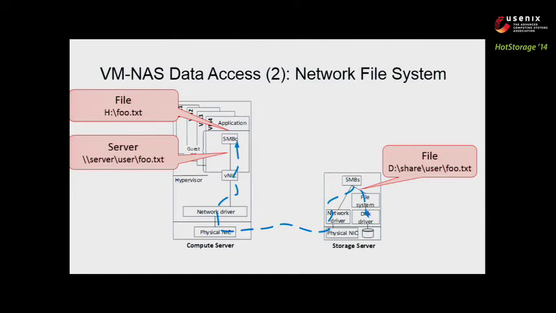And then the storage server performs the usual mapping to a local file, which goes through the file system and the disk driver on the block device. So with this mechanism, we avoid nested file to block translations. However, the hypervisor is no longer on the data path because it has no visibility on what happens between the SMB client and the SMB server. For the hypervisor, it's just network traffic.